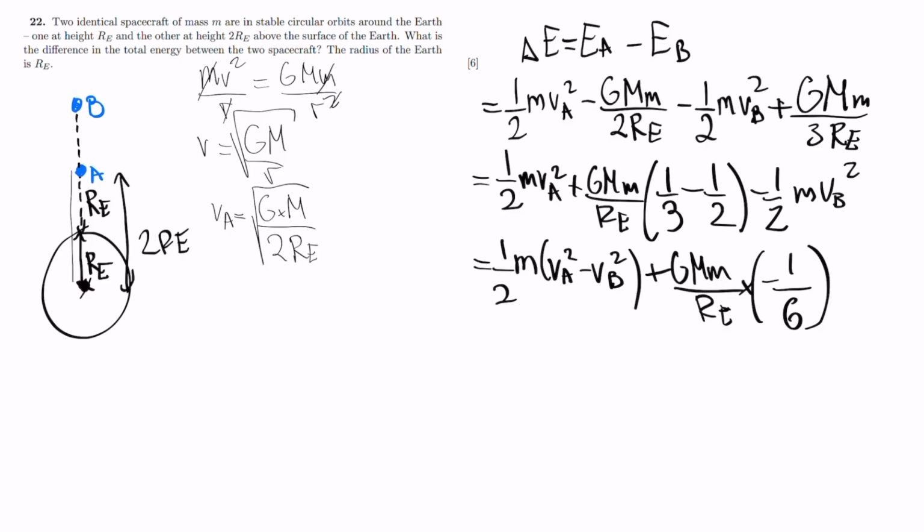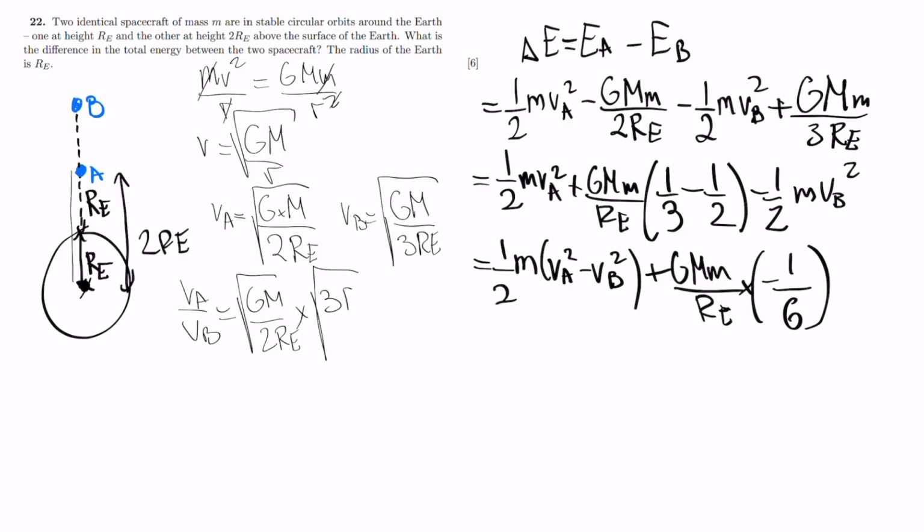Similarly, we can say that vB will be given by the square root of GM over 3 times rE. So we can absolutely see that vA over vB, if we were to find a common factor between them, will be given by GM over 2rE multiplied by, if we're dividing by a fraction, we multiply by the inverse, square root of 3rE, divided by GM.